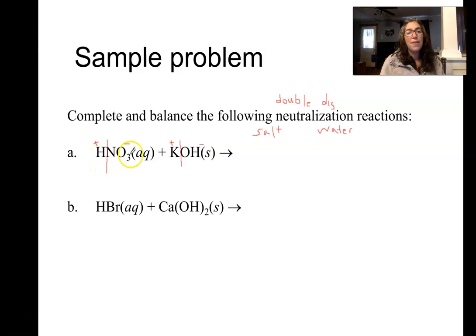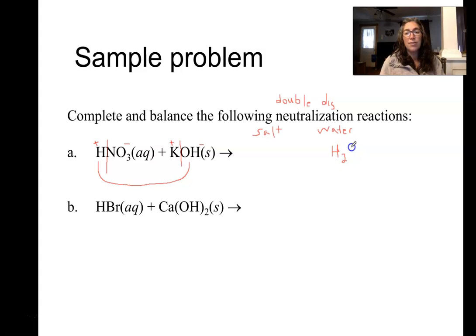Let's start with the hydrogen. The hydrogen is going to pair with the anion of the other molecule. So the hydrogen is now going to get together with the hydroxide, and that makes water, H2O.